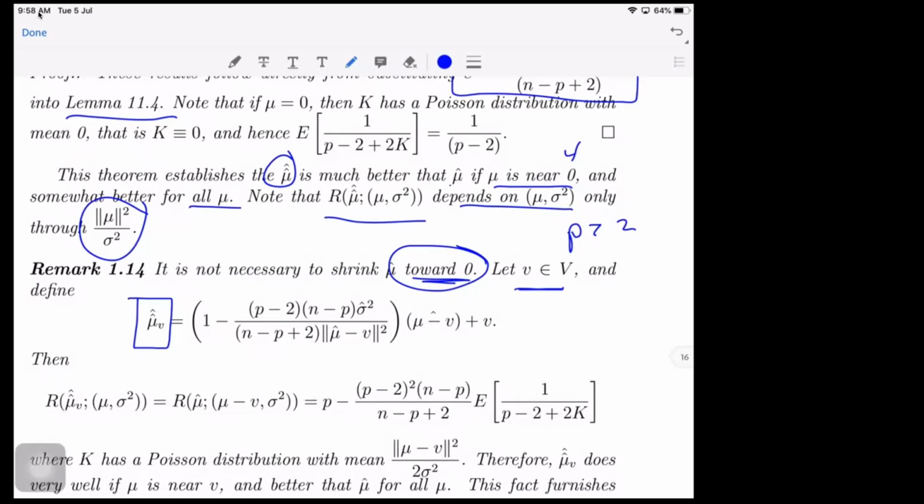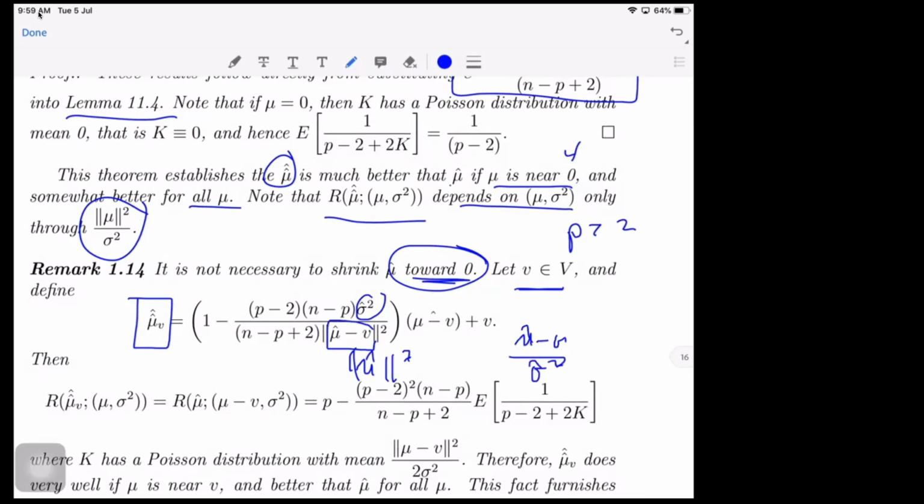But the formula now, instead of mu hat squared, you have to get the squared norm of the deviation from V. So it is like you are transforming into a standard normal. Actually, if you put this down, it becomes mu hat minus V over sigma squared.